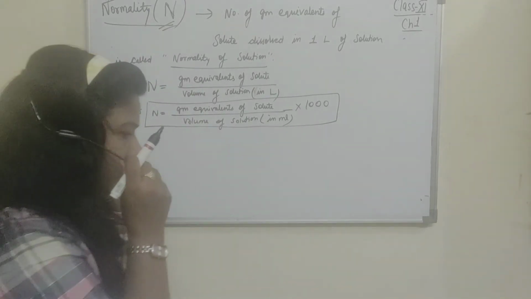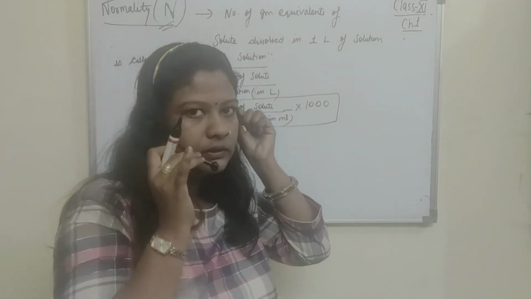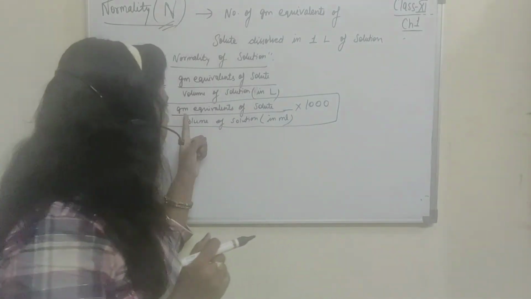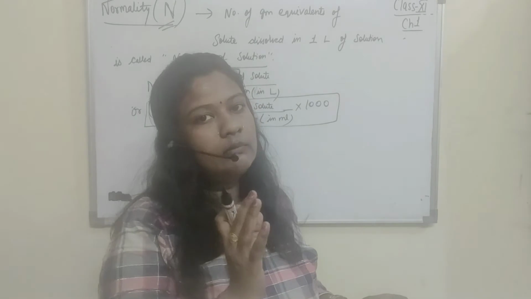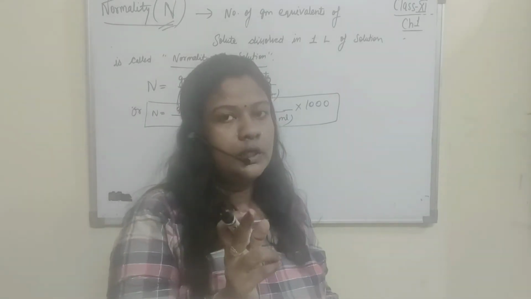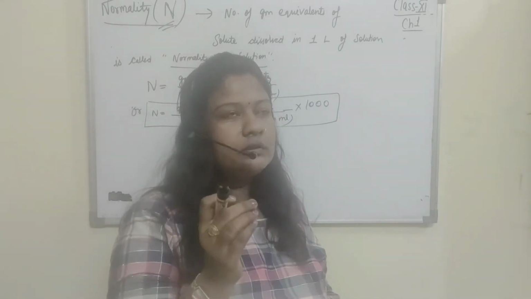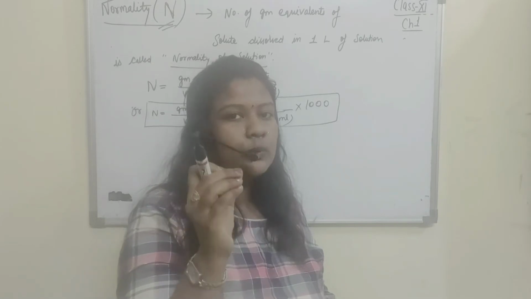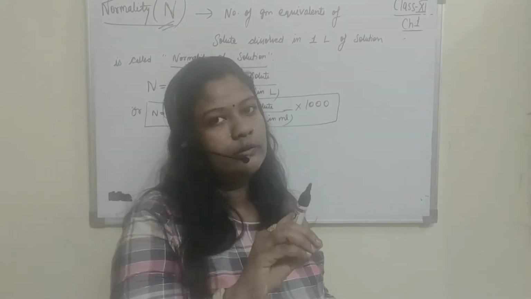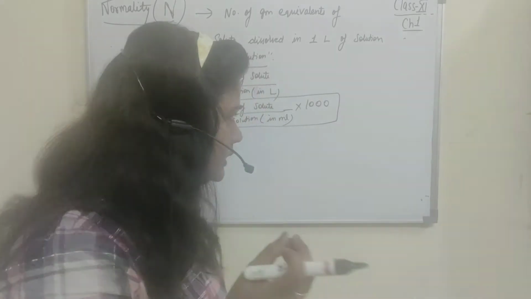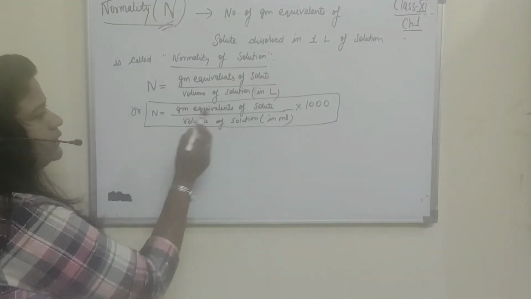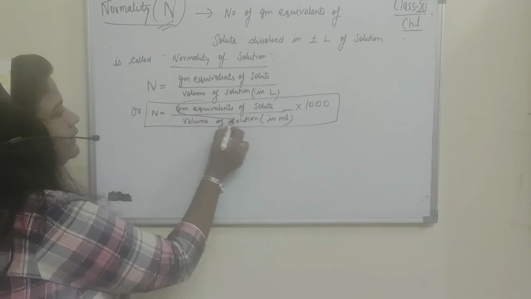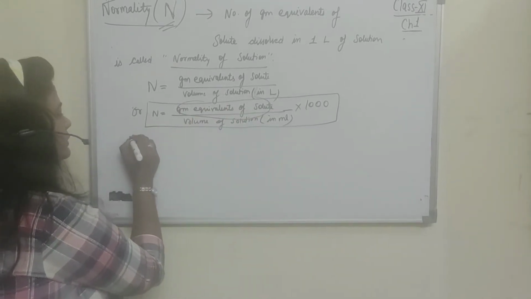Now I will tell you about the calculation of gram equivalents of solute. Actually, we will use equivalent weight in place of molar mass of the solute. That is the little change between moles of solute and gram equivalent of solute.